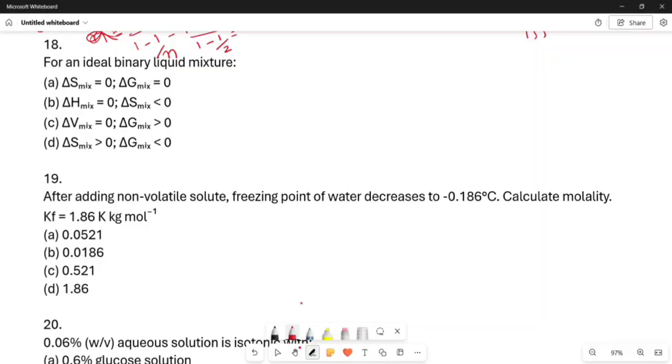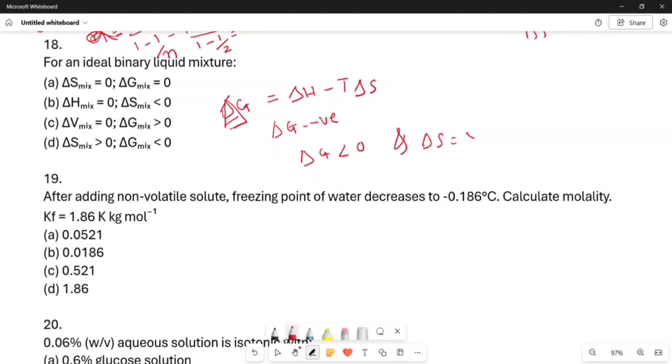We know the Gibbs-Helmholtz equation: delta G is equal to delta H minus T delta S. In this equation, only if delta G is negative is the reaction spontaneous. Hence delta G is always less than 0 and delta S is greater than 0.